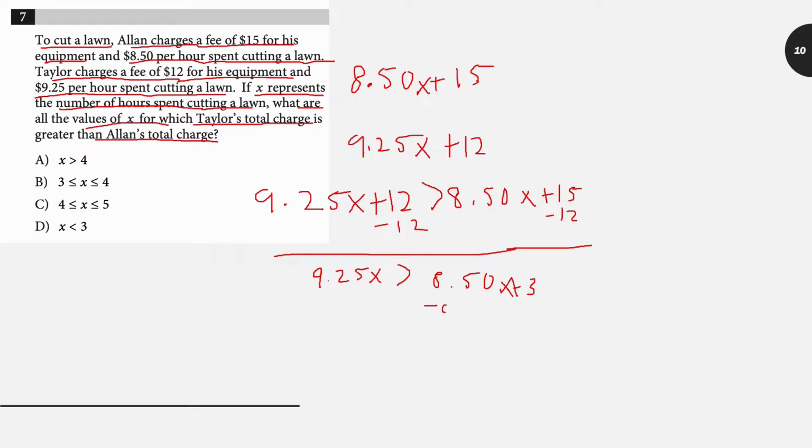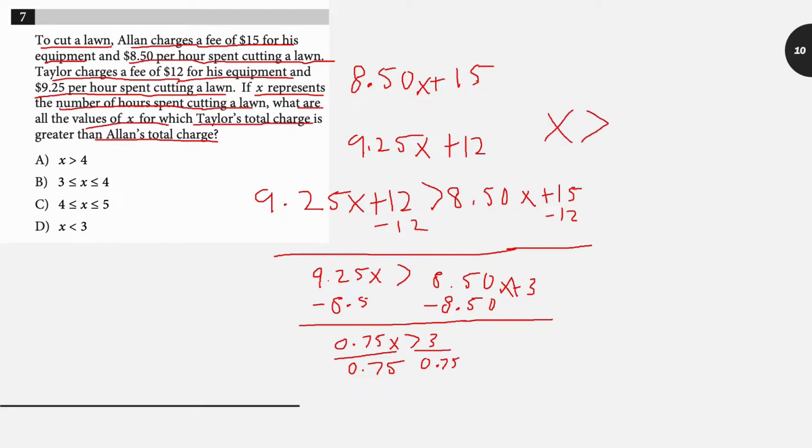And then you subtract 8.5x on both sides. And you get 0.75x is greater than 3. Divide 0.75 on both sides. And then you'll get your value x is greater than 4, which is answer choice number A.